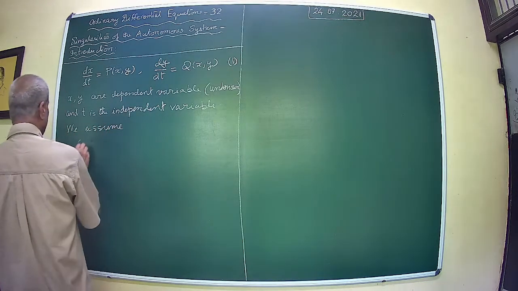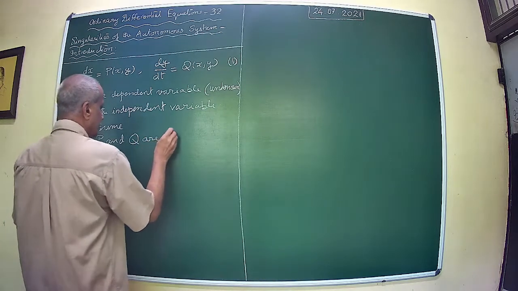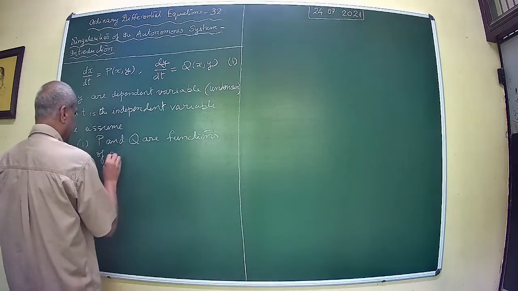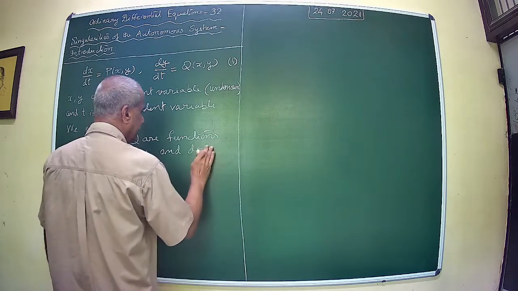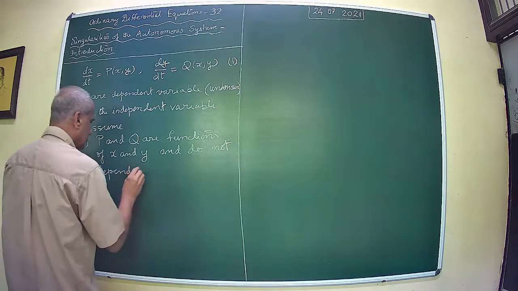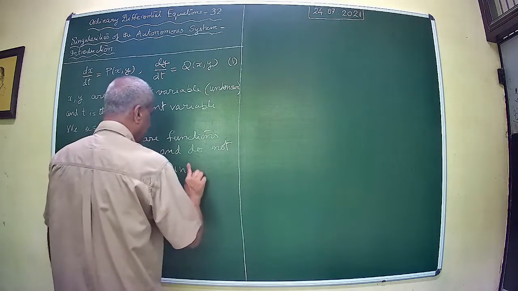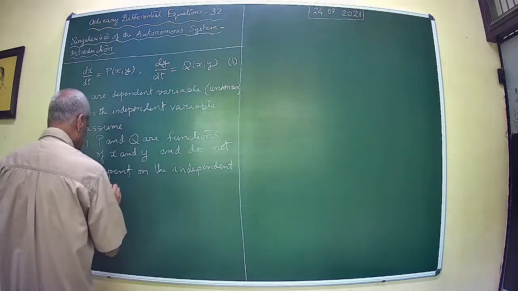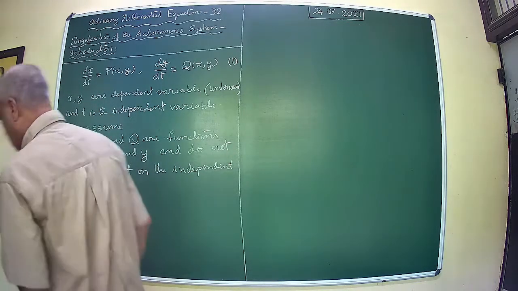Here we assume the following: 1. P and Q are functions of x and y and do not depend on the independent variable t explicitly.